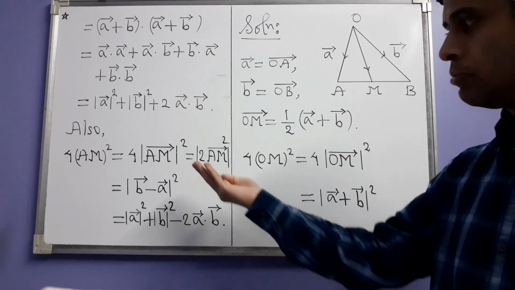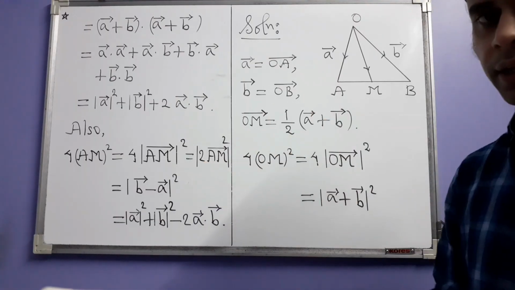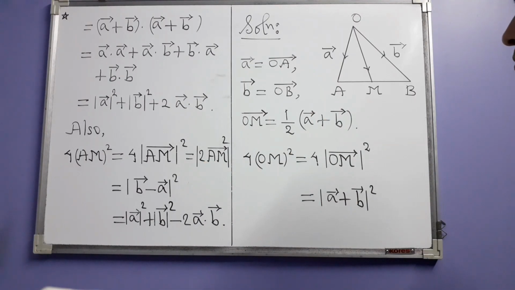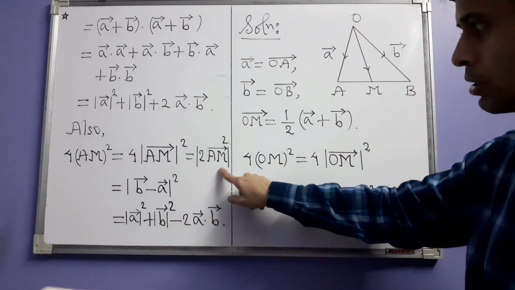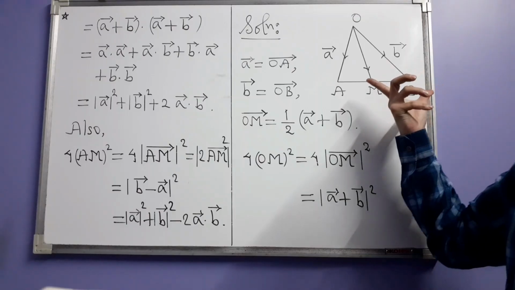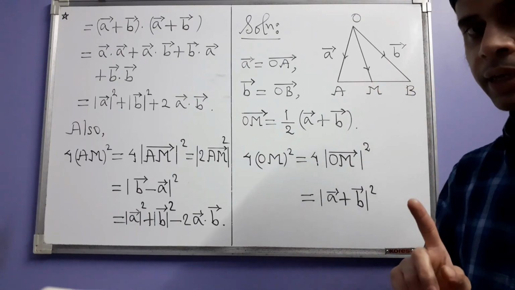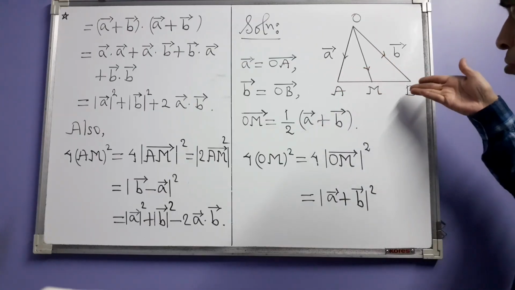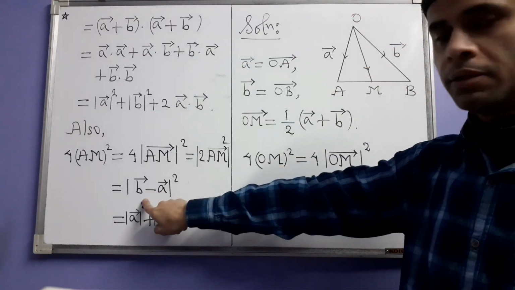Because 2 is positive, it just simply slips in and gets multiplied with AM. So now you have 2 times AM. Because M is the midpoint of AB, this vector 2 times AM is the vector AB. And now if you use the definition of vector addition, A plus AB equals B. So AB would be B minus A.